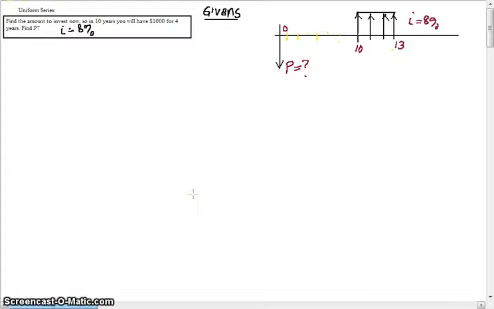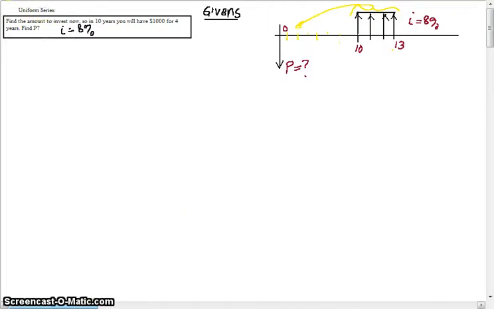Just for the sake of this problem, I'm going to bring it all to year 0. There is no right or wrong, or better way. The reason I'm going to do that is I also want to show you something else as I do this problem. So I want to bring all this money here to year 0.